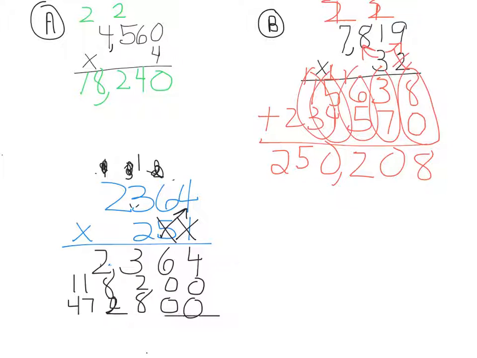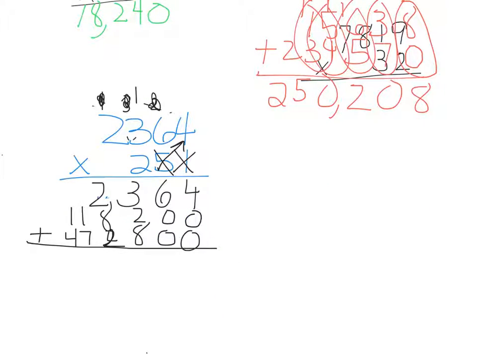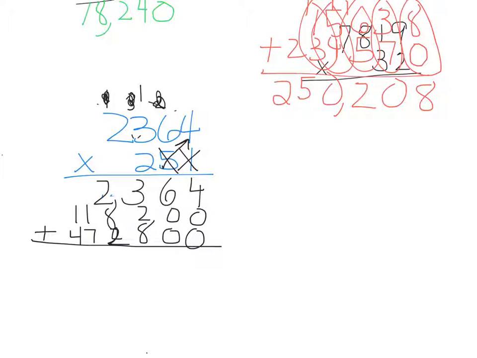So I'm going to add these all together. I slid this up to give myself a little more room. I was careful when I wrote down my partial products to make sure everything lined up. So now I have to do 3 plus 2 plus 8, which is 13.